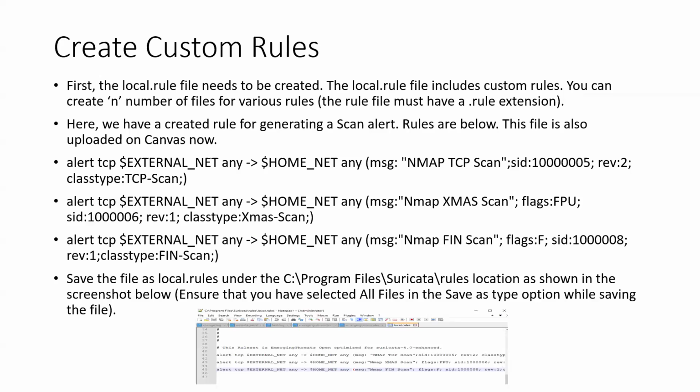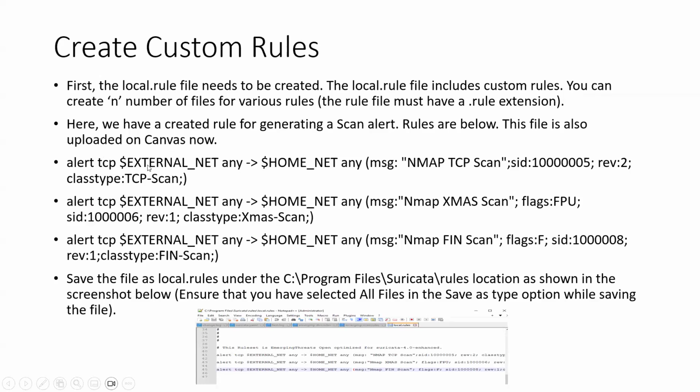For instance, let's say we just want to detect an Nmap TCP scan. You can just write this rule. For instance, alert tcp, so it will detect the TCP protocol. And then what does it signify here, if you can see, external underscore net, any, home underscore net?